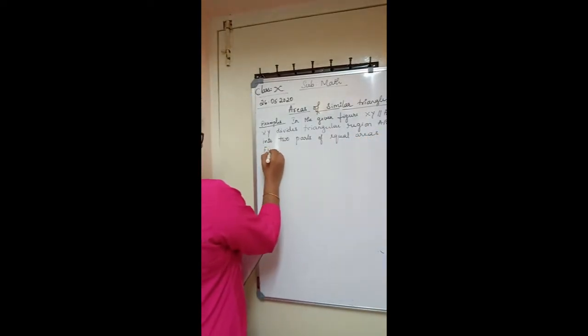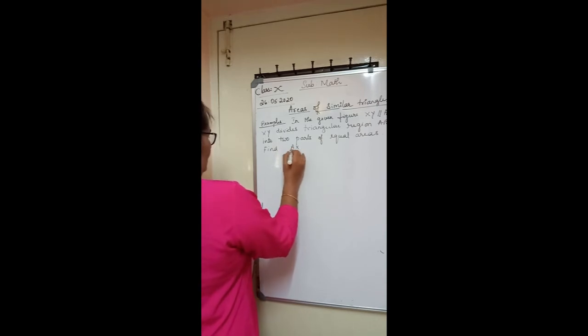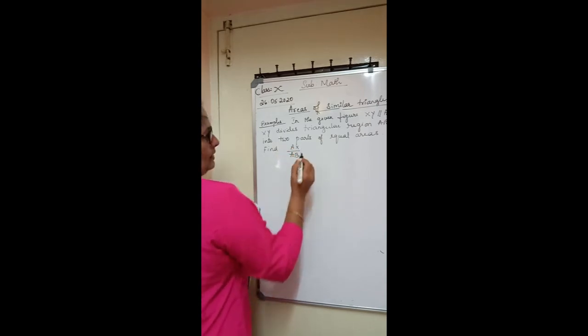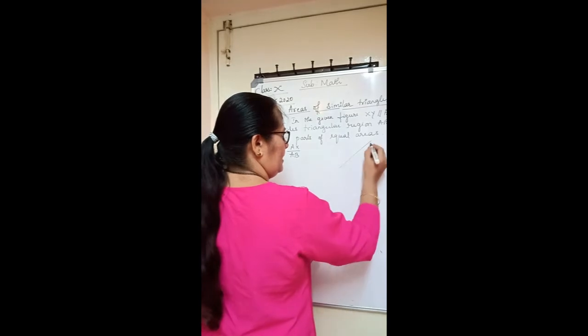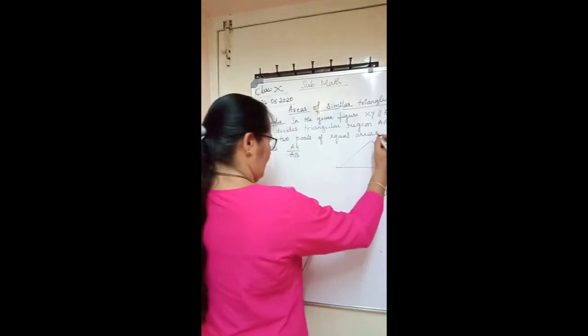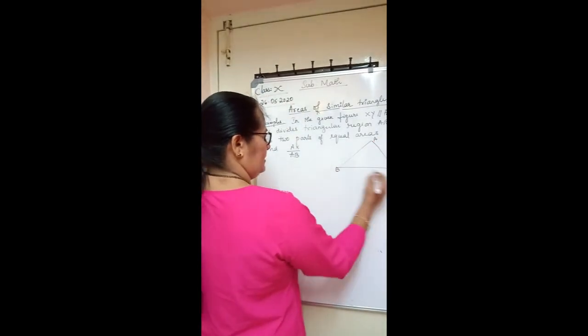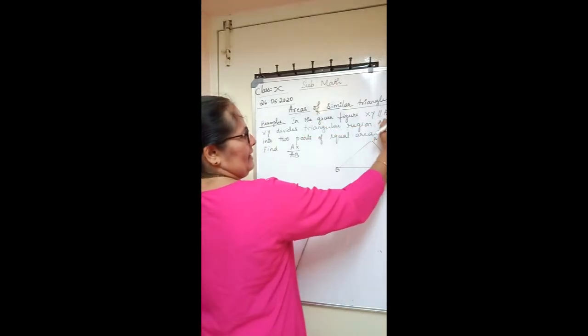Find AX by AB. So the figure is given, triangle ABC, A, B, C, and XY parallel to AC.